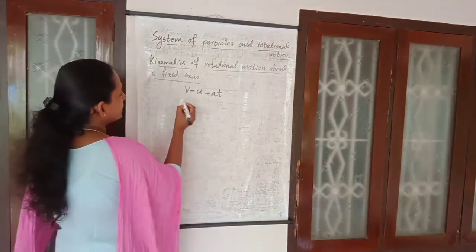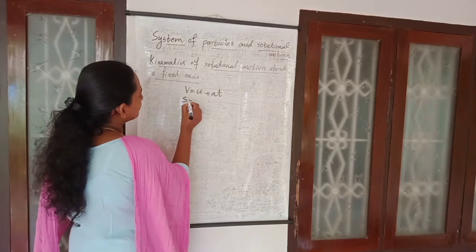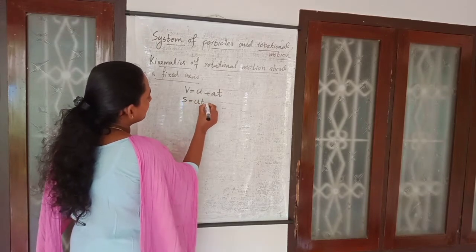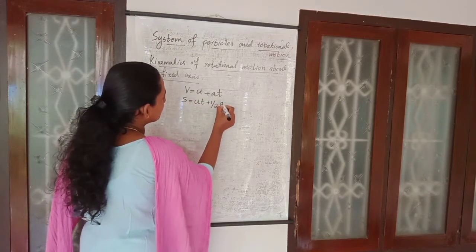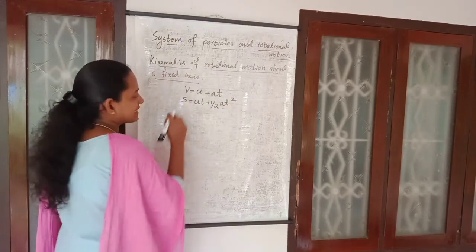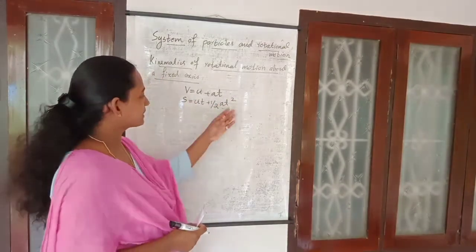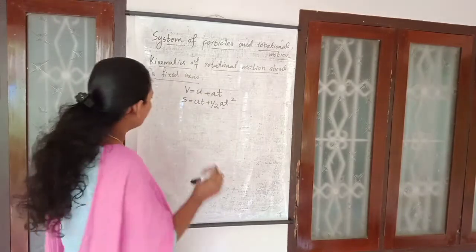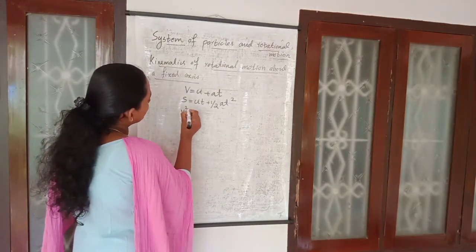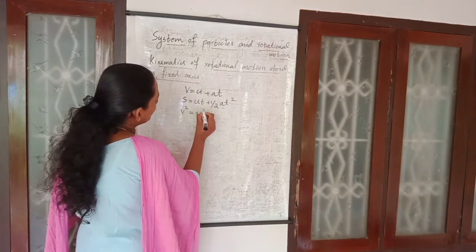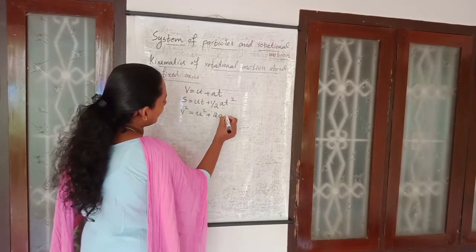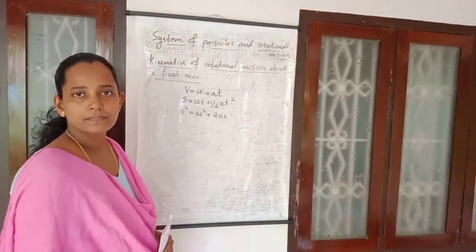The second equation you studied is s is equal to ut plus half at square, where s stands for the displacement and all other factors have the same meaning. And the third equation of motion is v square is equal to u square plus 2as itself.